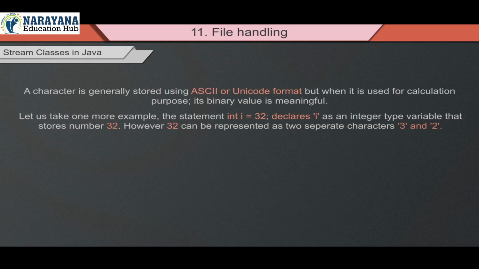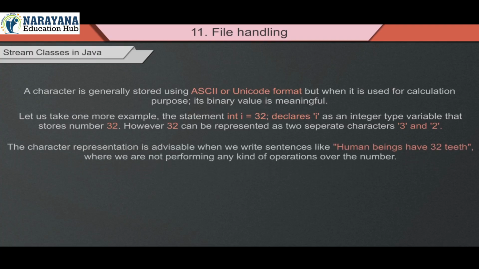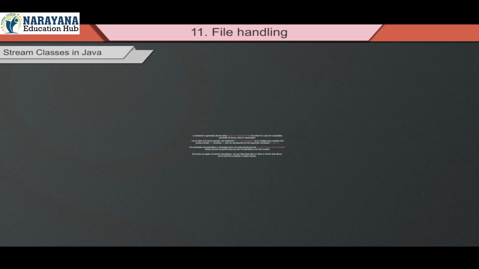However, 32 can be represented as two separate characters, 3 and 2. The character representation is advisable when we write sentences like "human beings have 32 teeth," where we are not performing any kind of operations over the number. But when we apply numerical calculations, we use data types like int, float or double that allow us to store the numbers in binary format.